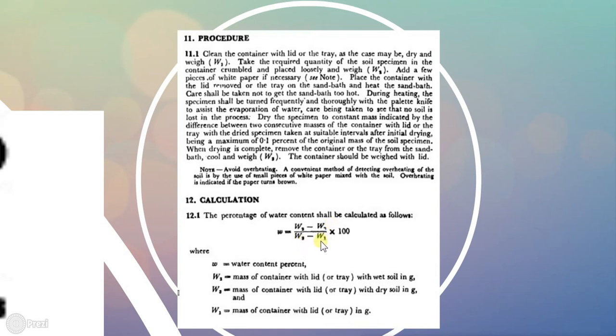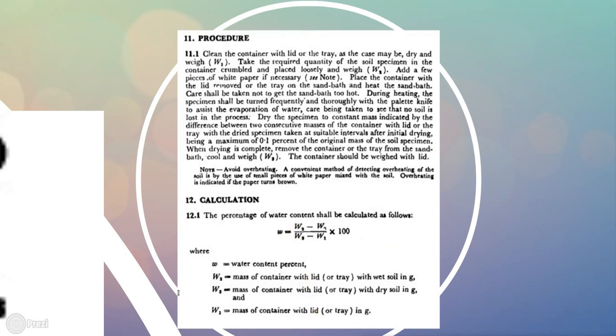W3 minus W1 indicates W3, dry soil with lid, minus the weight of lid or tray. Here you should remember that all the weights should be taken with container. Do not forget to add or remove the weight of containers.